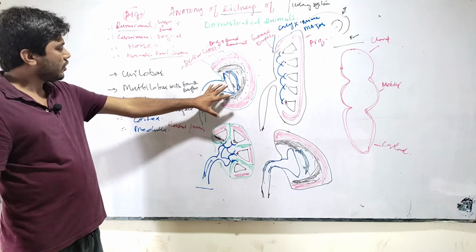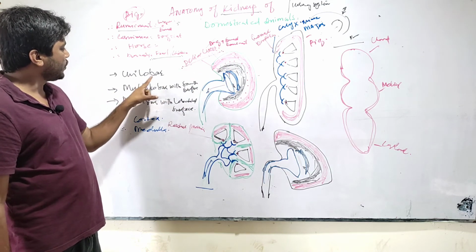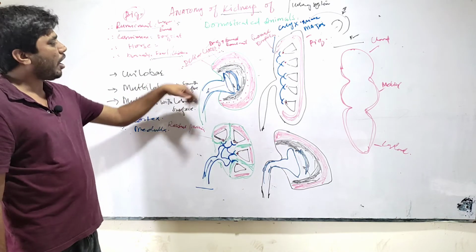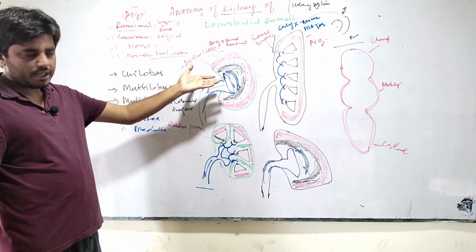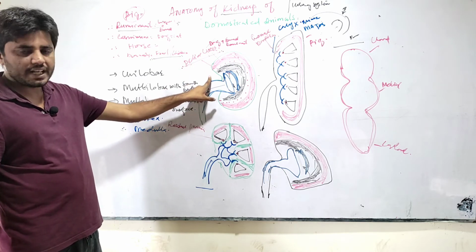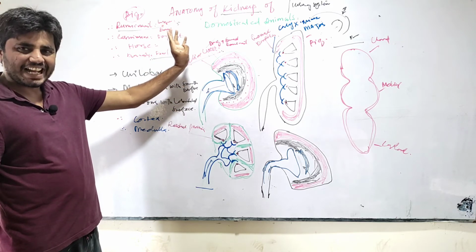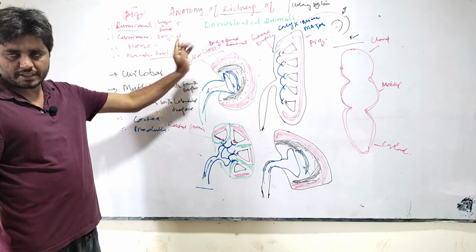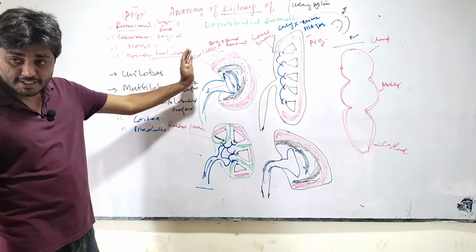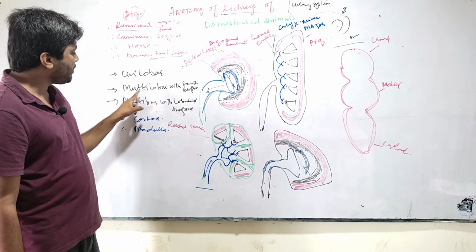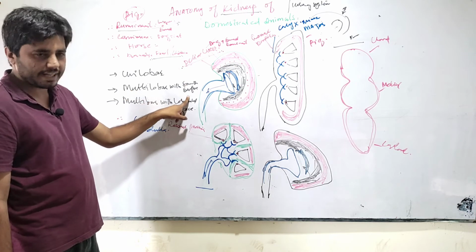Is that clear? So they are unilobar with a smooth surface externally. Such a kidney is present in which animals? Dog, cat, goat, sheep. Clear? Horse also.